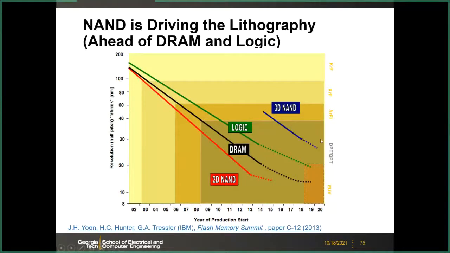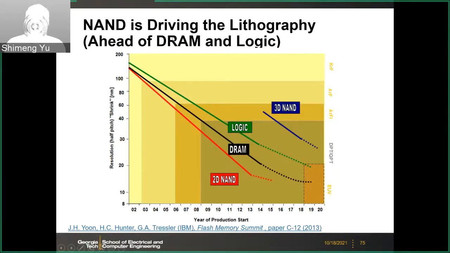Here is the scaling trend, including both logic transistors, like SRAM we discussed before, and then DRAM, and then NAND flash. This is the equivalent feature half pitch F shrinking over the years.